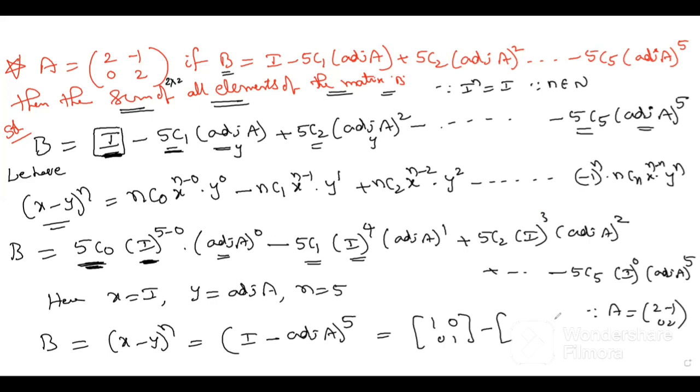Adjoint of A is equal to the transpose of the cofactor matrix. One shortcut method is there. What is the method here? First, we should interchange principal diagonal elements: 2, 2 will be 2, 2. Other diagonal elements multiply with a minus sign: minus 1 will be plus 1, 0 will be 0. Here write 2, 1, 0, 2, whole to the power 5.